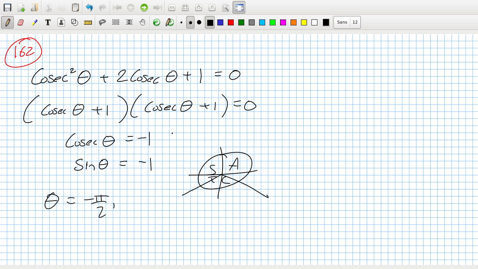Oh, well, you know, actually, this is kind of a special case, 90 degrees, because it's not in a quadrant. So I think rather than doing it this way, I'll just think about it as the graph.